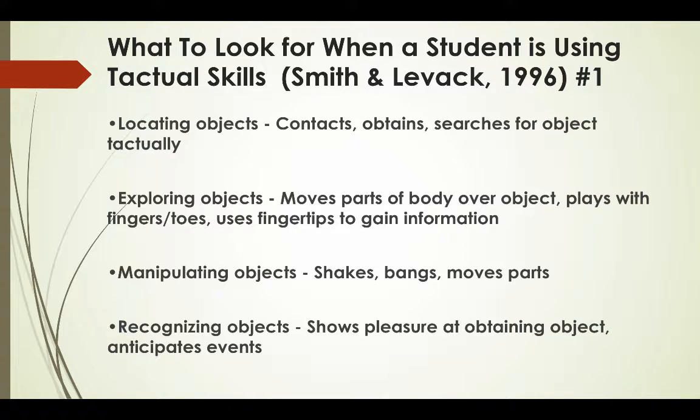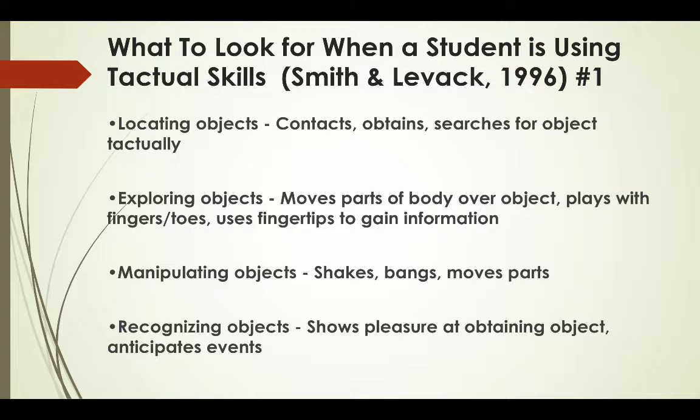What to look for when a student is using tactile skills. This is from a book by Smith and Levack in 1996, page 1. Some things that will give you a clue: when locating objects, they contact it with their hand or arm, and then search for the object tactually.